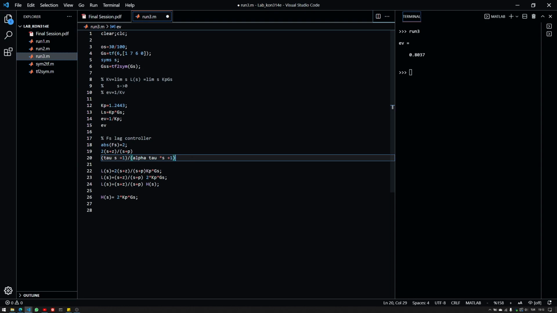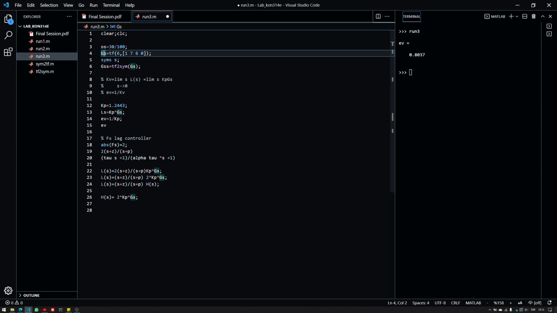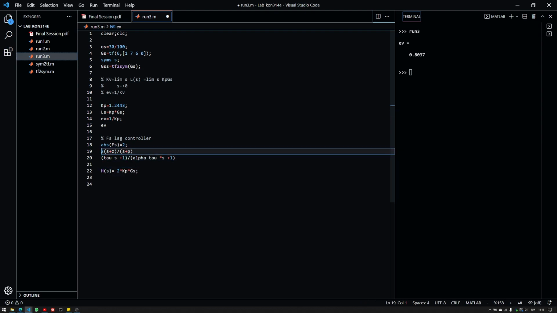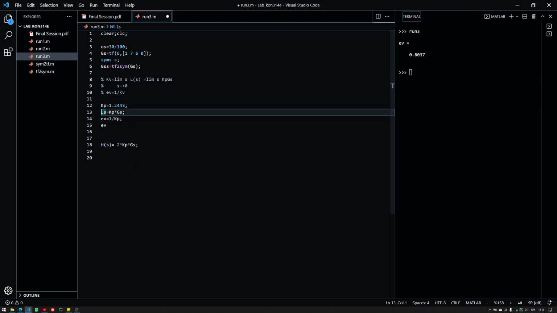Therefore, instead of using the Bode plot of G(s) for part A, we will use this Bode plot here and go through our design algorithm. So let's get rid of everything here. We only know what Kp is, and we will define another transfer function H(s) that looks like this.